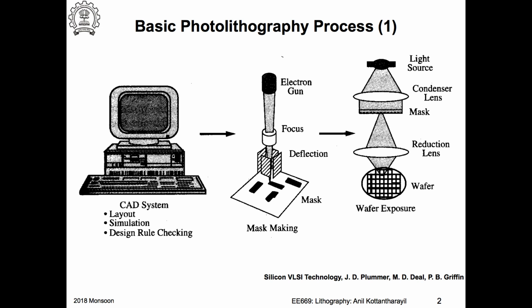So what am I trying to do? I would really like to have this feature on my wafer. I say this region should be opaque; we'll see how to actually determine this later on. I want this region to be opaque and this region to be transparent.